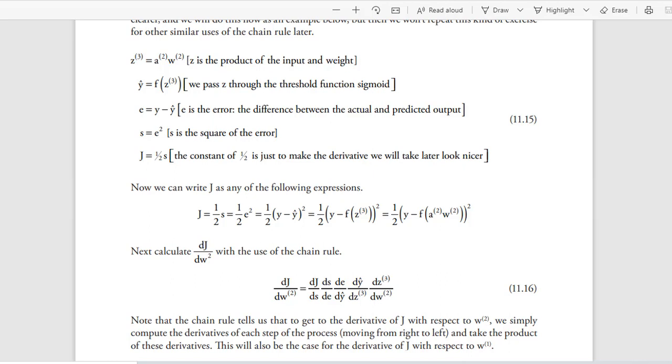Remember, we've been talking about being on a mountain. Well, the mountain is the J curve. So the J curve is the thing that we want to get to the bottom of. We want to move in the direction of J decreasing, so we want to get to the valley of the J curve.